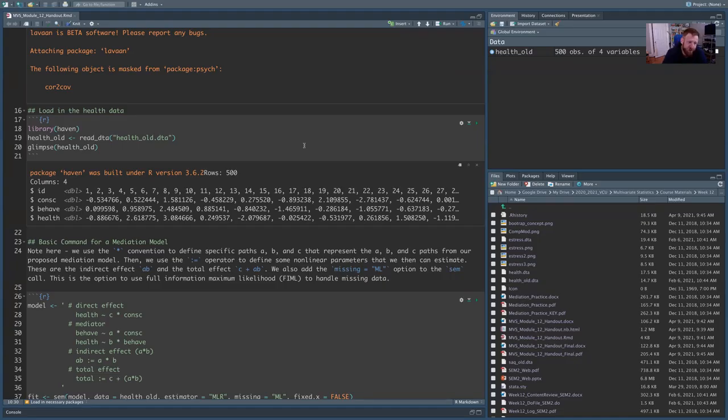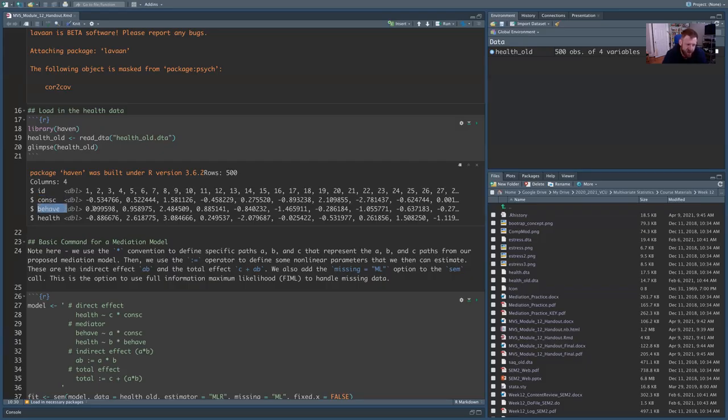This is a pretty simple data set, but we're just going to try and work with these three variables in an observed variable framework to study mediation. We have conch, and that is conscientiousness. That's a kind of personality trait, right? Sort of being attentive to details, or like feeling normative pressure. If you feel like you should do something, that's evidence of conscientiousness.